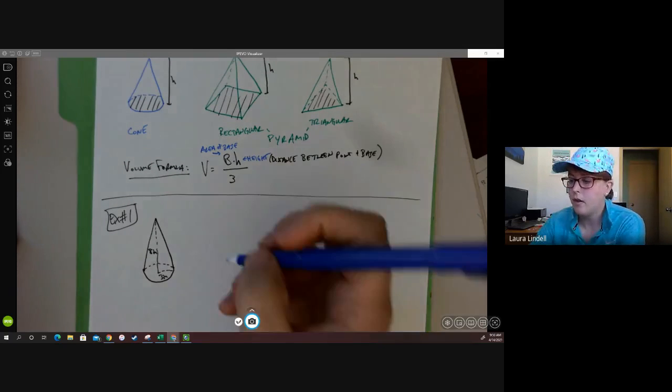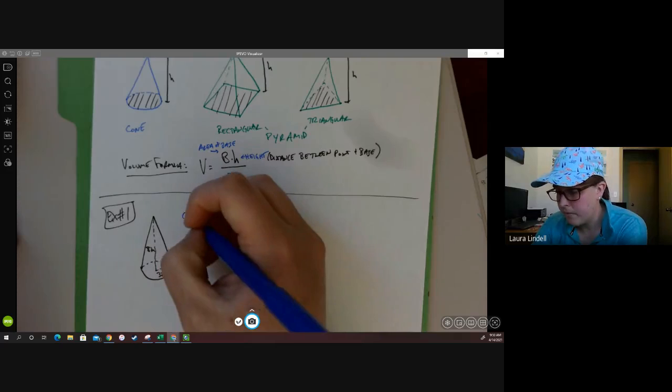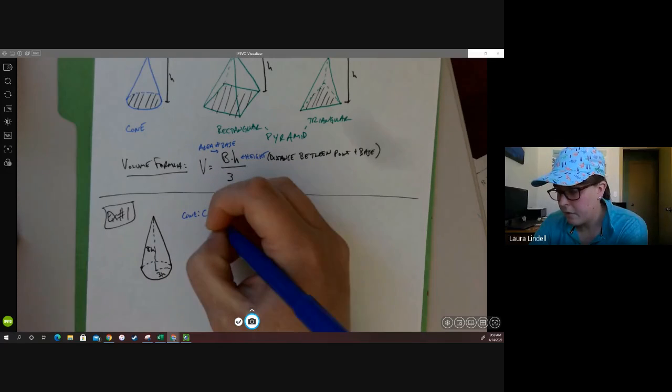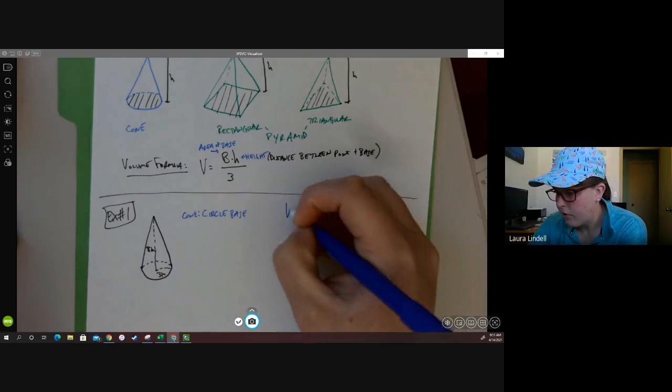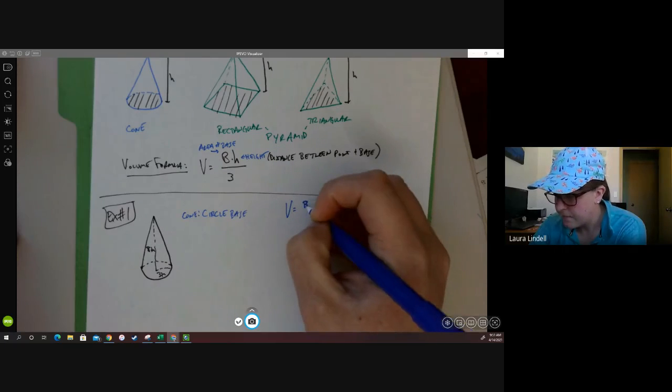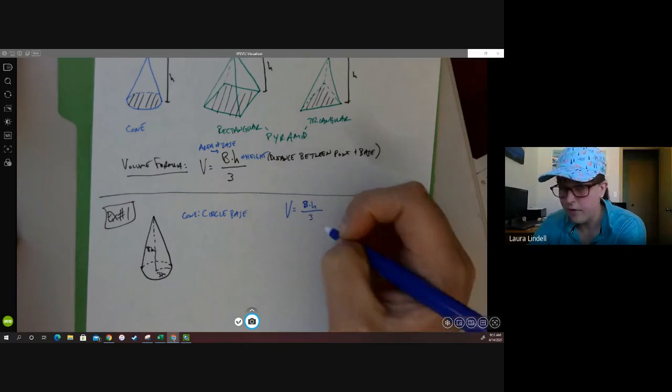Okay. So again, this is a cone, so it has a circle base. And we know volume is area of the base times the height divided by 3.